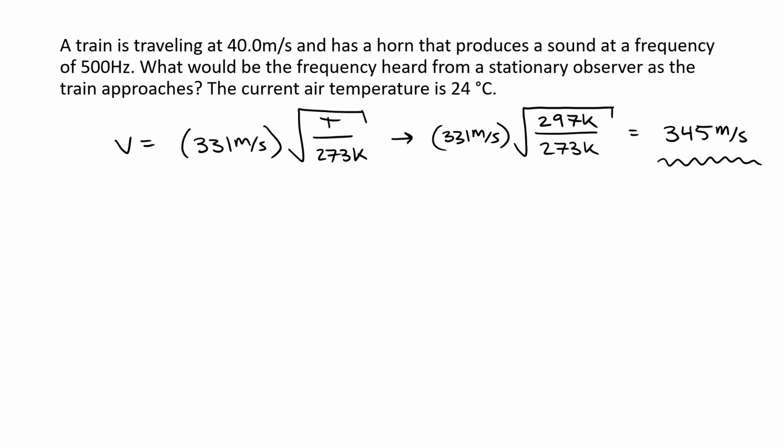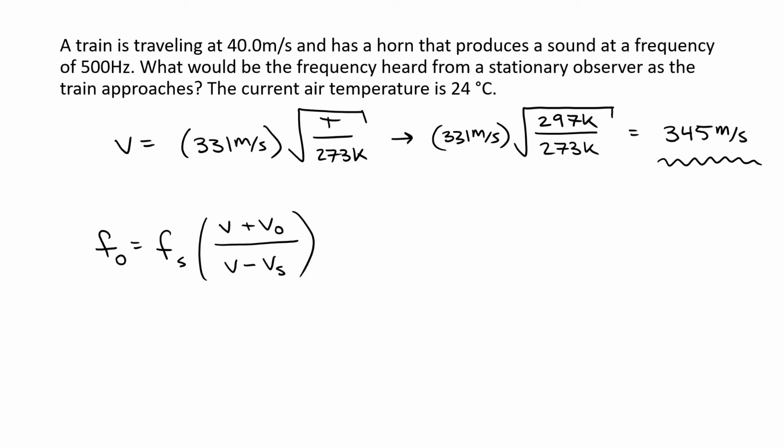Now I can use the general form of the Doppler effect. The frequency heard by the observer is equal to the frequency produced by the source times that big fraction: the velocity of the wave plus the velocity of the observer, over the velocity of the wave minus the velocity of the source.